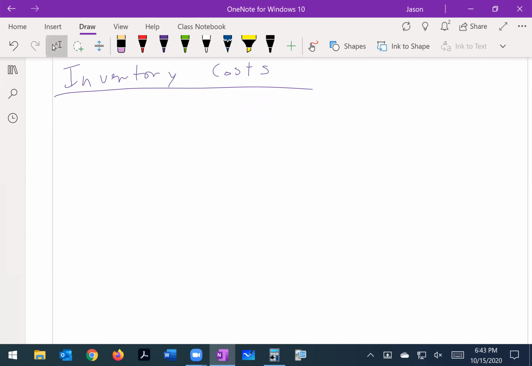Okay, inventory cost. So let's do example 4 here. Okay, Fred's Electronics sells 2,500 televisions per year.